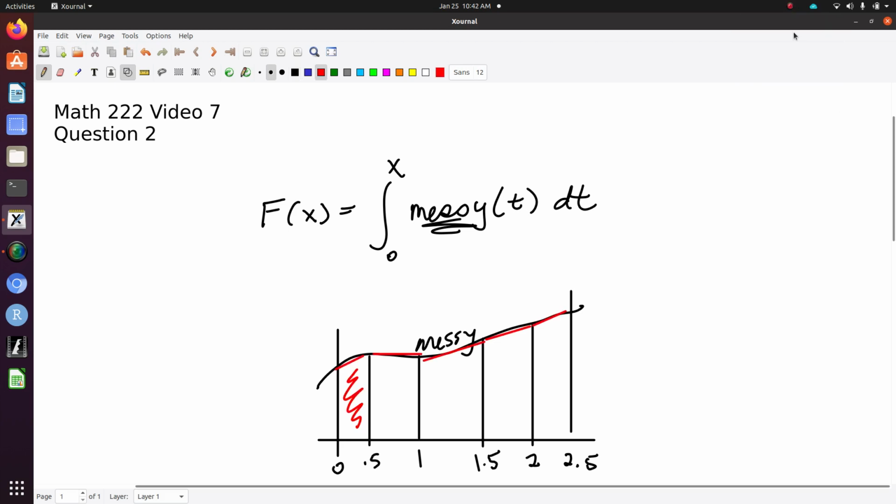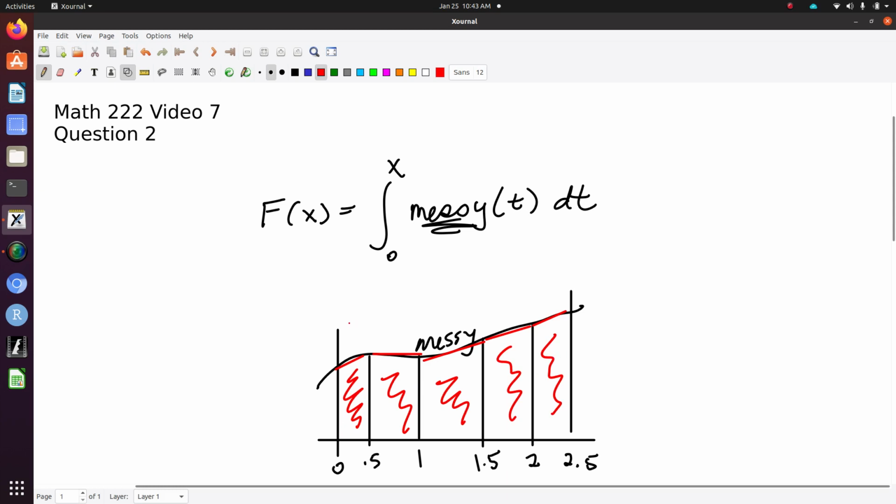You can either do Riemann sums left and right, or average them, trapezoids. You have a whole bunch of options, but what you're going to do is bust this up into 5 different sections, and as you go along you're going to accumulate this.